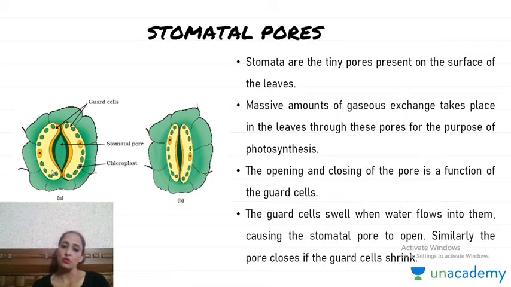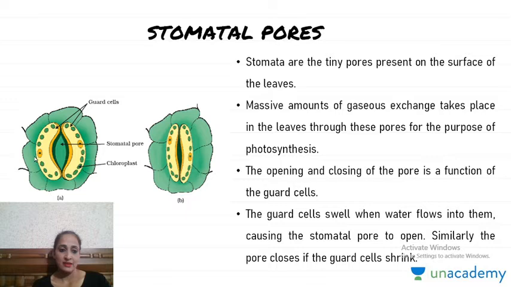They have shown chloroplasts, the green colored bodies present in the guard cells, which help in photosynthesis. In stomata, as I said, the pore in the center, when opened, leads to exchange of gases or water.